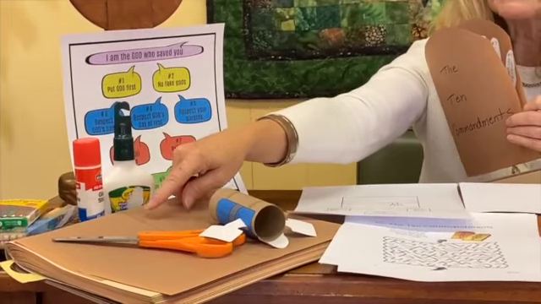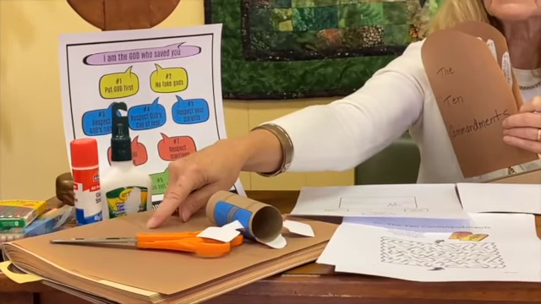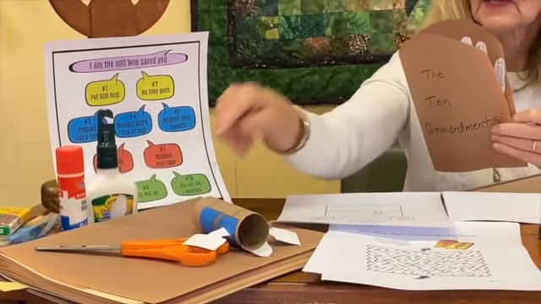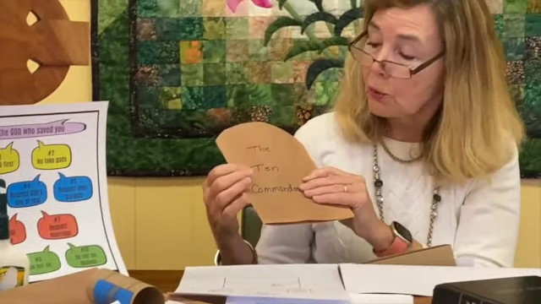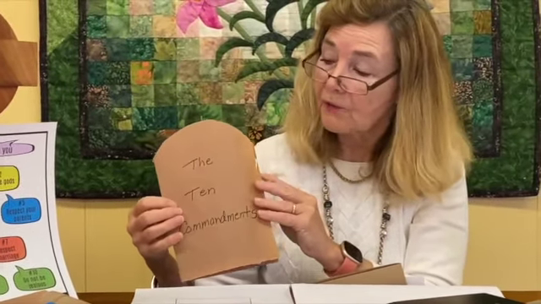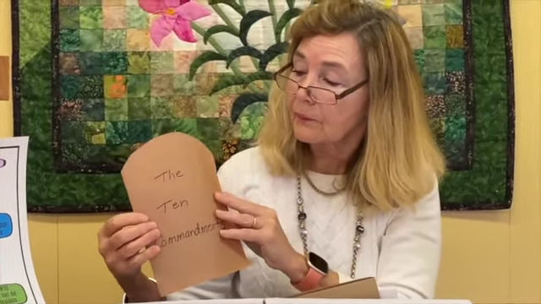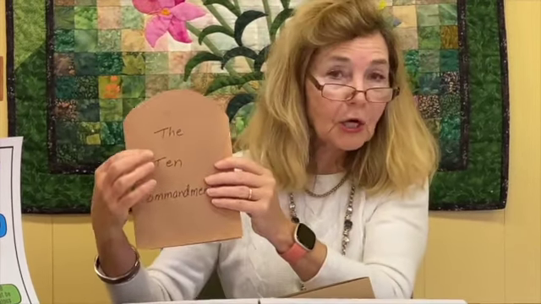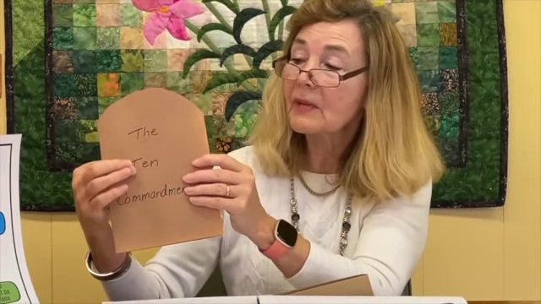I folded it in half over here, so you see the line. You will need scissors, glue, something to trace your fingers with, and a Sharpie to write the 10 Commandments on.